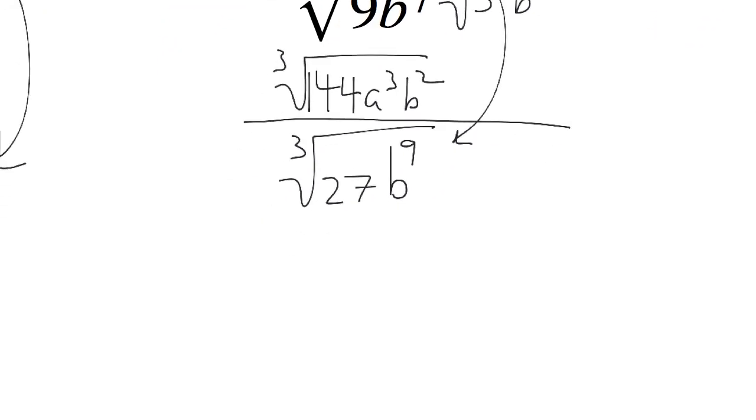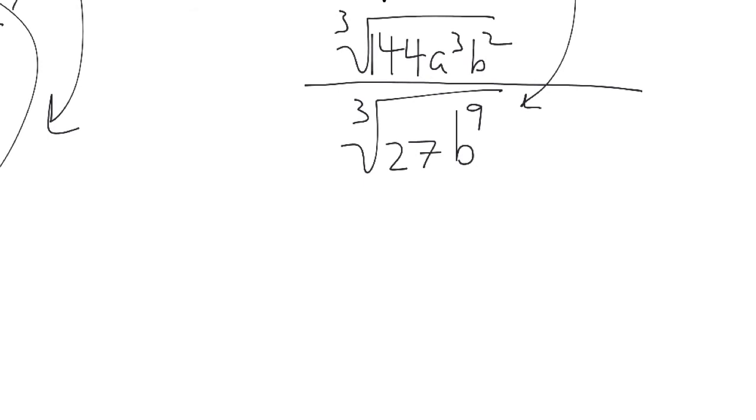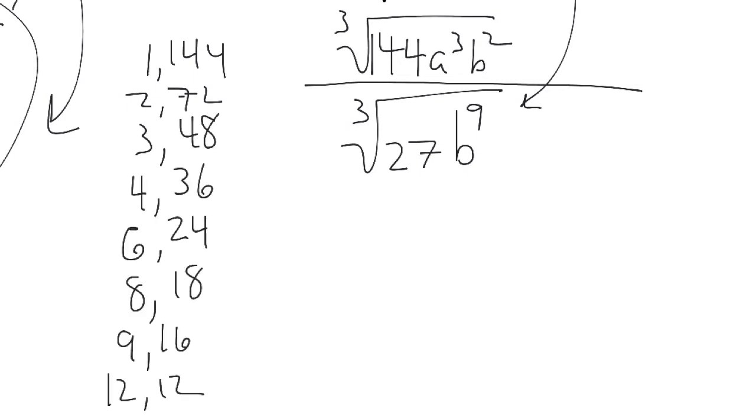I'll bet we can find a perfect cube factor of 144. What are the factor pairs of 144? 144, 2 and 72, 3 and... Well, there they are.